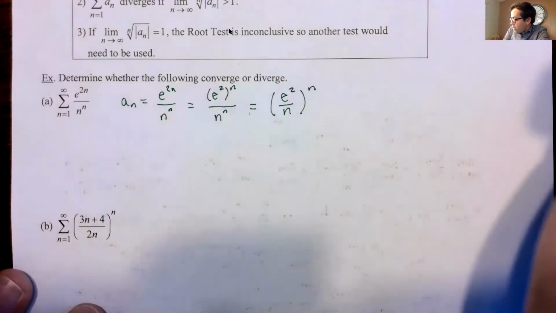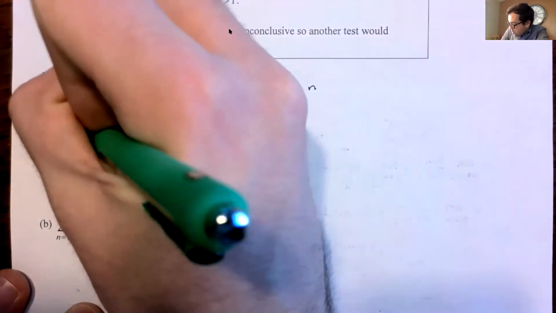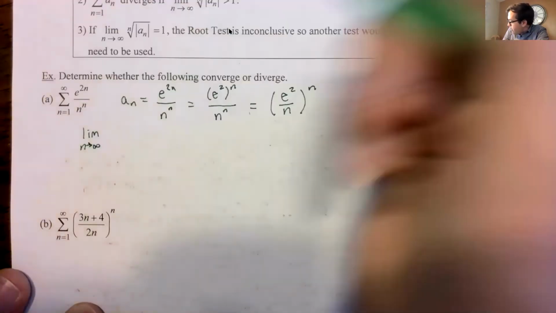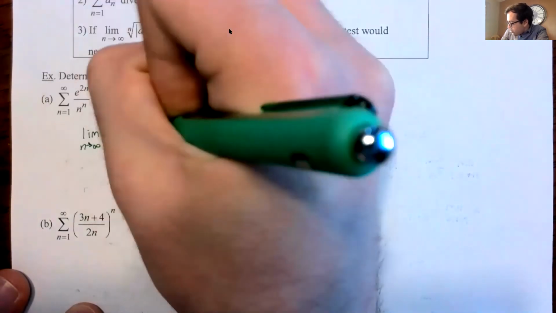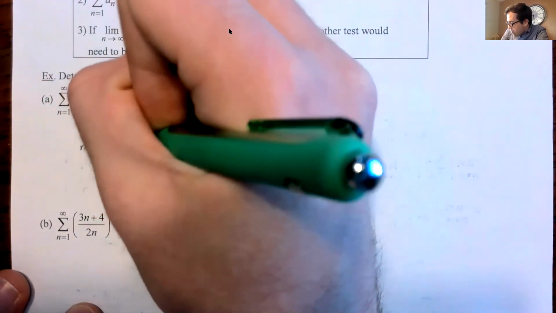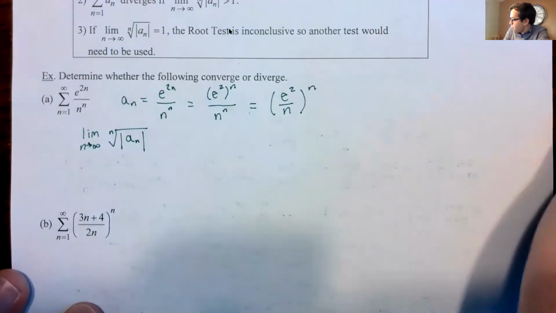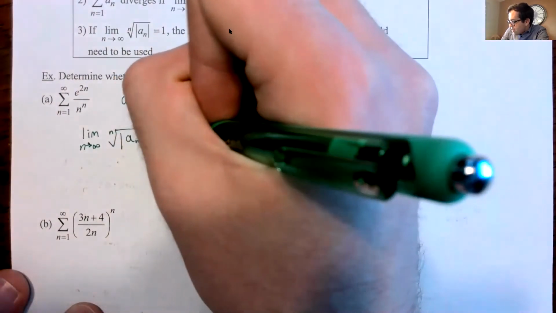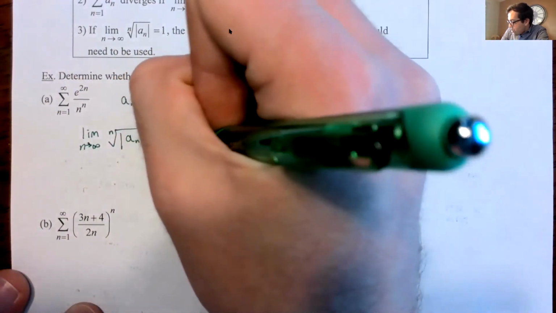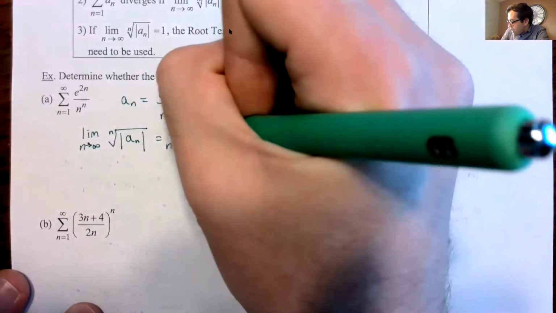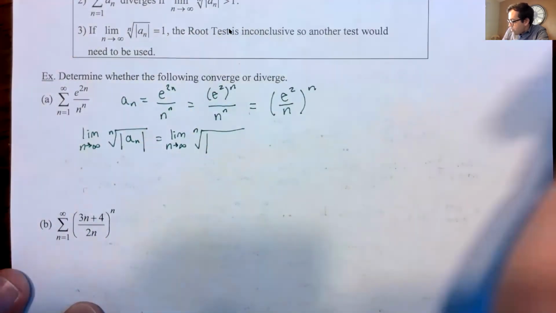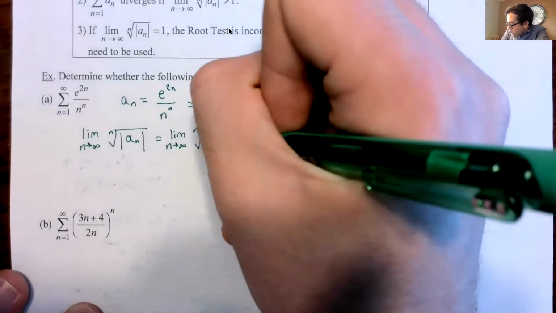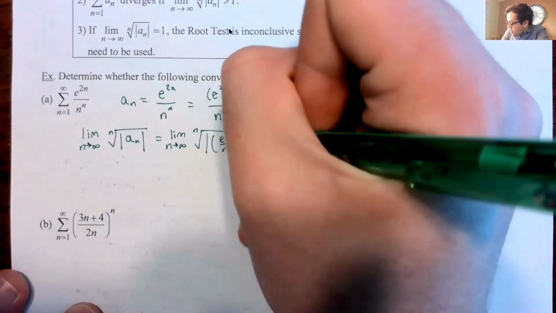So we end up with the limit as n approaches infinity of the nth root of the absolute value of a sub n. And that is going to be the limit as n approaches infinity of the nth root of the absolute value of e squared over n to the n.